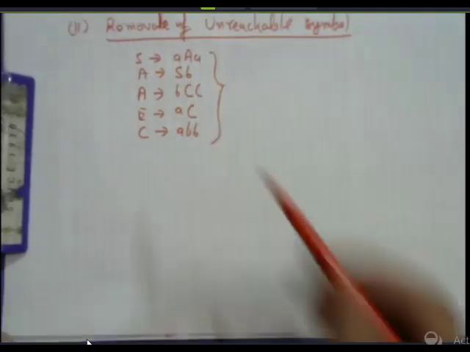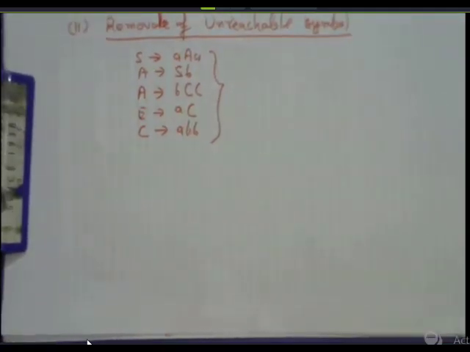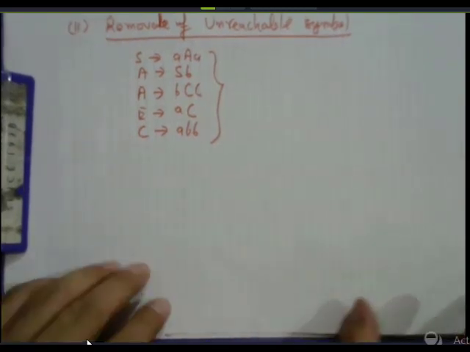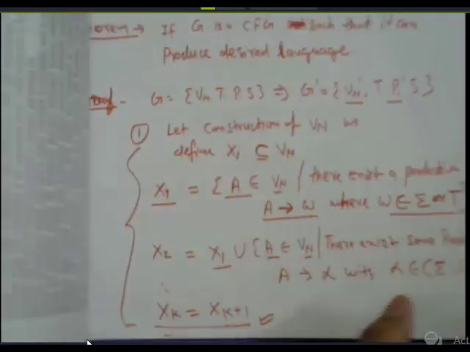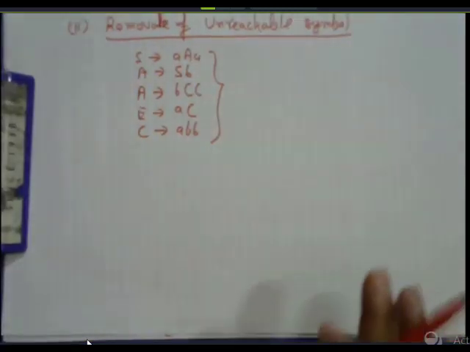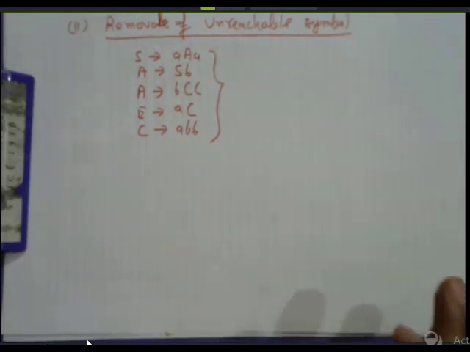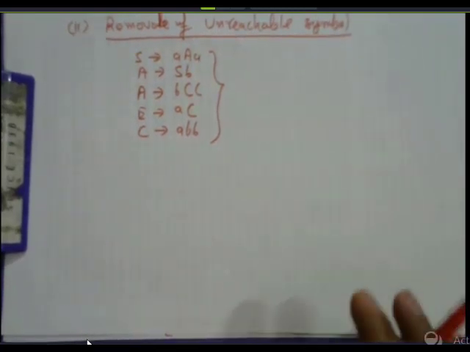then we apply the second theorem. The second theorem we already discussed here. We want to discuss for the second theorem how to reduce the unreachable symbols from the beginning. Then theorem number 2.